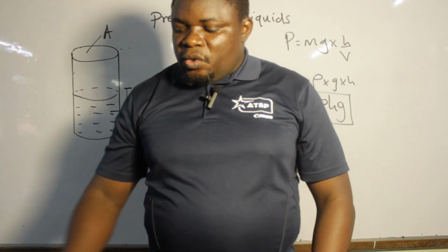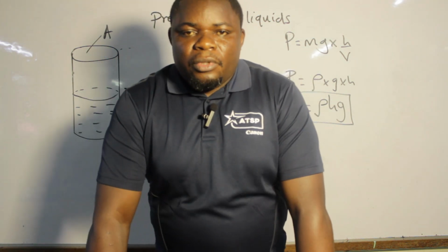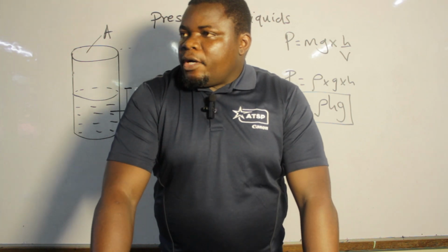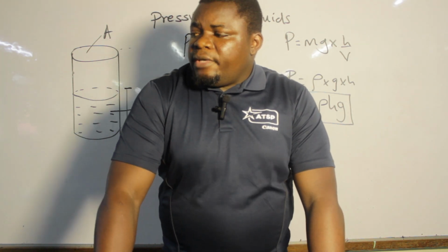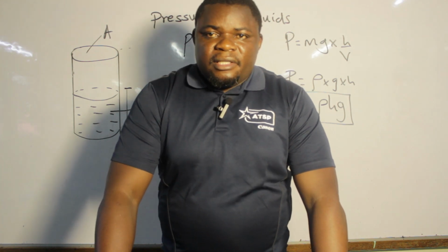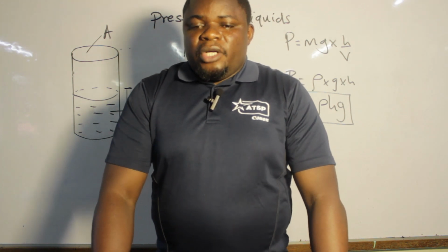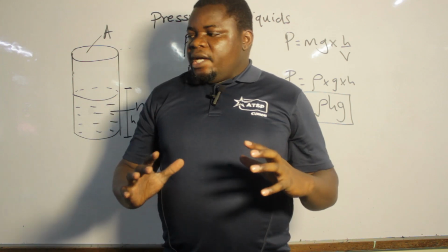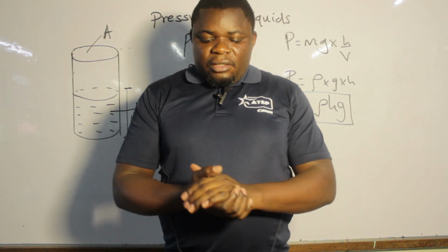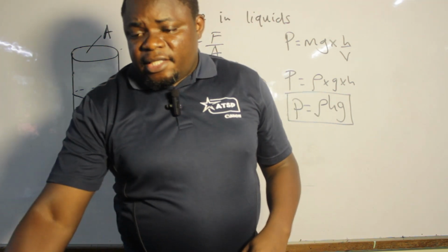From here, we're also going to look at what we call a U-tube. A U-tube manometer is used to measure pressure of gases. So I'm going to project a simple manometer having a liquid so that we know what it can do.